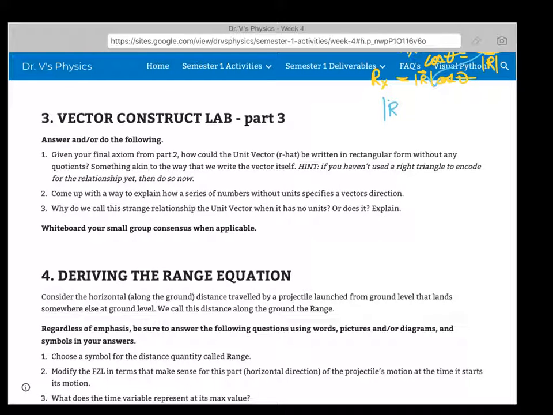I'll go back to the magnitude notation because it's simpler, but this is going to be the cosine of theta relative to x and the cosine of theta relative to y. And so our vector has magnitude and direction.